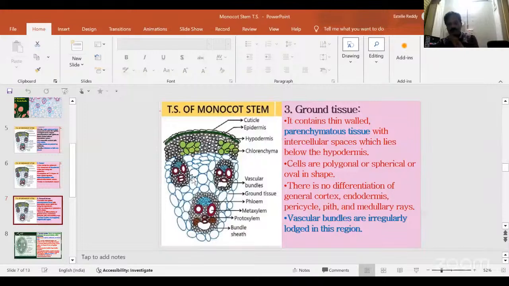They are of different sizes and scattered irregularly. Such type of stele is called atactostele. In monocot stem, the main identification feature is the presence of atactostele.